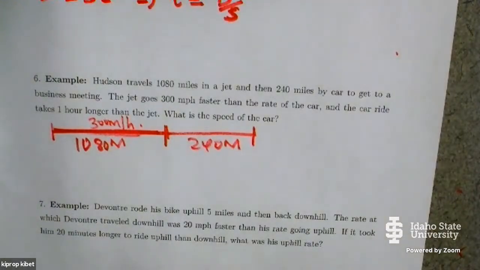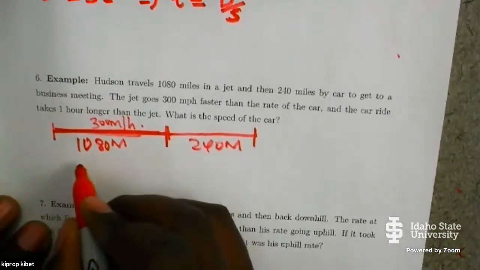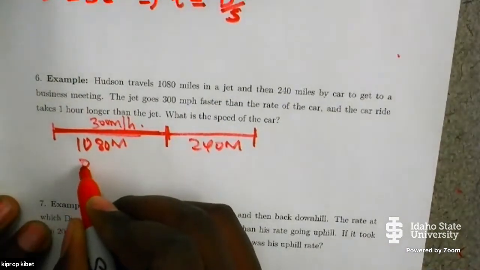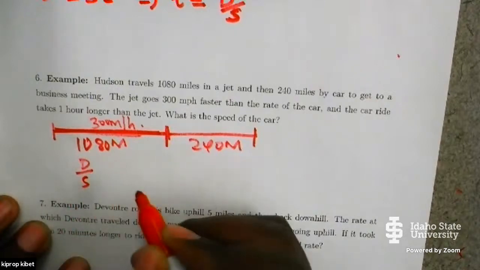So the time it takes for the jet should be similar to the time it takes for the car, plus the extra 1 hour. So we know that the time equals distance over speed, right?